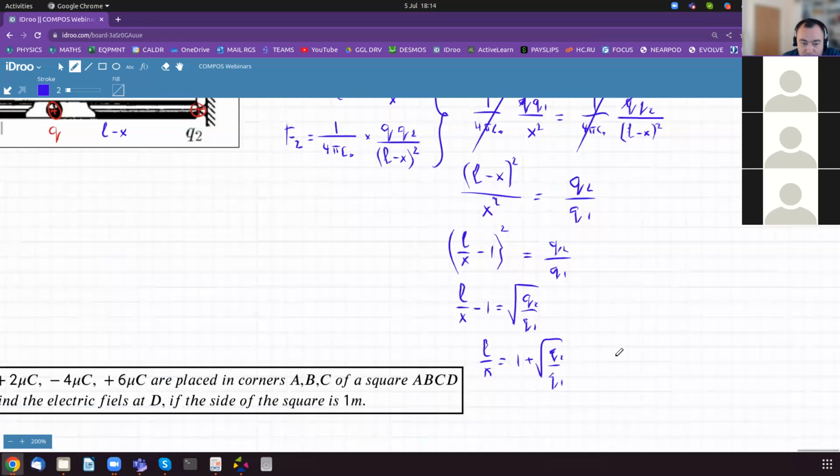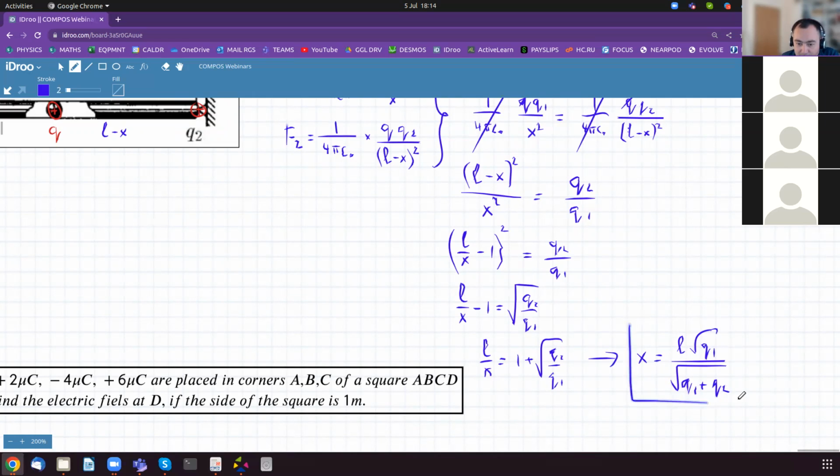And find x. So from here, x is going to be L square root of Q1 over square root Q1 plus Q2. I skipped a step, but hopefully you understand how I got here.